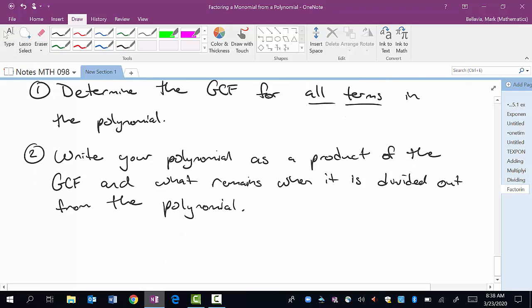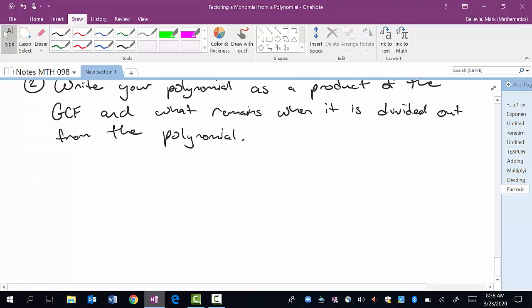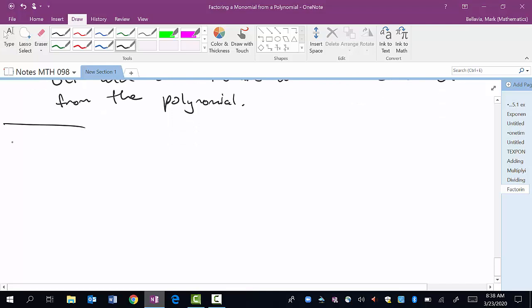All right, so we'll look at a couple examples here. If I said to factor, right? So the directions here will say factor. Typically we mean factor completely. In this section, since this is really the first step in factoring, we're just going to try to factor out greatest common factors.